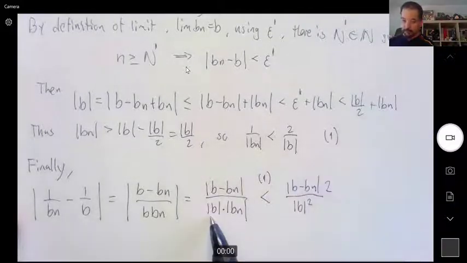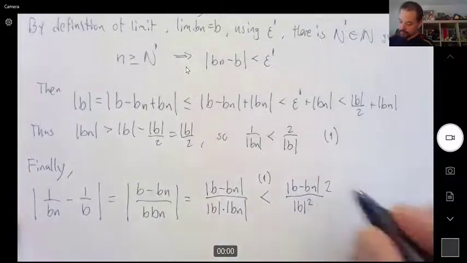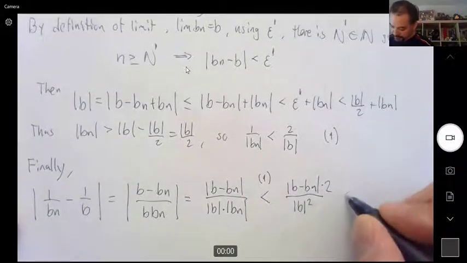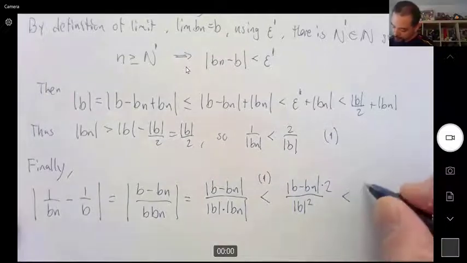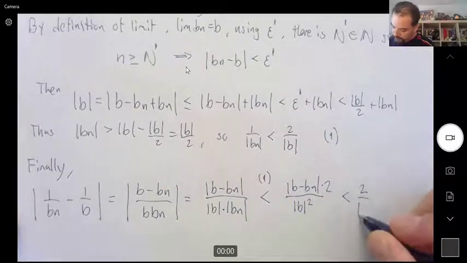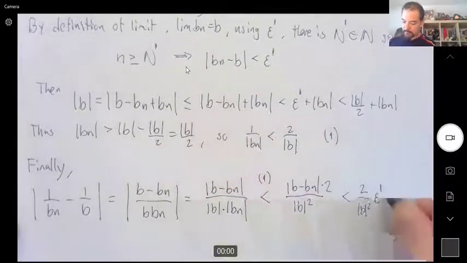This b multiplies that b, becomes b squared. And then this is less than, by our original assumption, |b minus bn| is less than epsilon prime. So this is now 2 over b squared times epsilon prime.